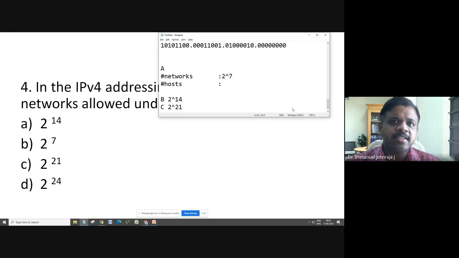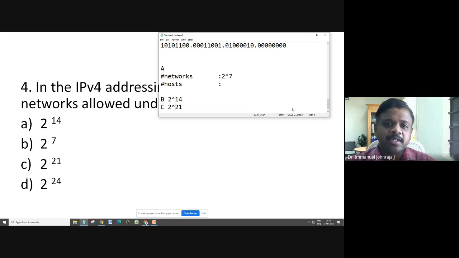How are you calculating, sir? You would have learned a table. In class A, the first octet is going to be 0 followed by the values. Then class B is going to be 1 0 followed by 6 bits. Class C is 1 1 0, then class D is 1 1 1 0. And in class E, it is going to be 1 1 1 1 followed by 4 zeros. That is how you got the classes A, B, C, D, and E in IPv4 calculations, right?